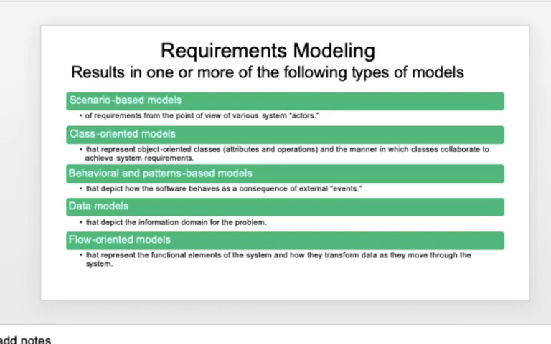Then we have the behavioral and pattern-based models that are basically modeled as a consequence of external events. Then we have the data models. They are depicted by using the information domain for the problem. Then we have the flow-oriented models, basically represented by functional elements of the system and how they transform data as they move through the system.